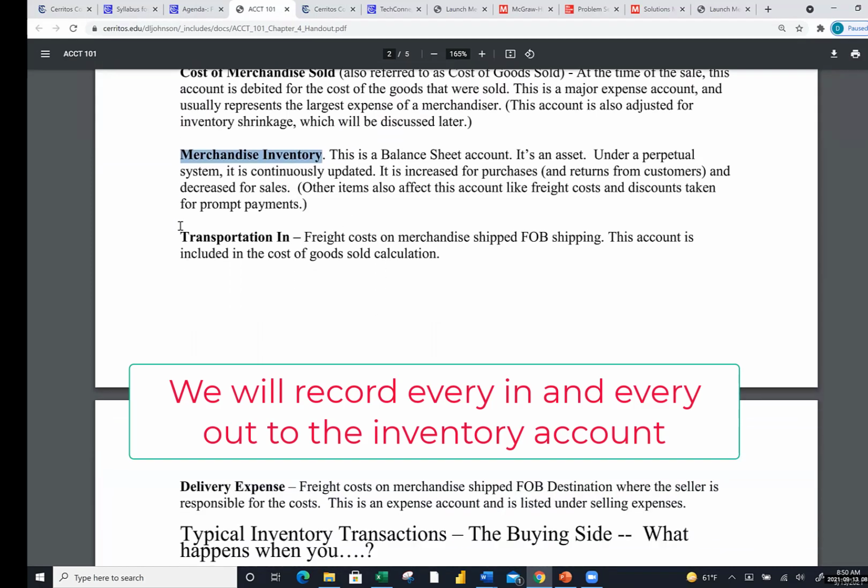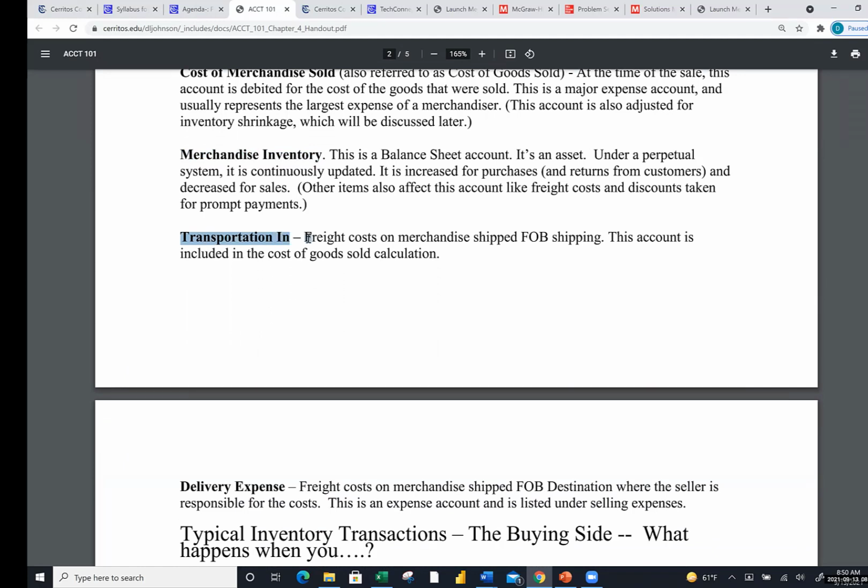And here's an account that's gone away. We used to use freight in or transportation in. Now in this chapter, your author is going to replace that with merchandise inventory. Why? Because if you think about it, the cost of the shipping really should be part of that inventory. In other words, think about a pair of shoes that you might buy online.